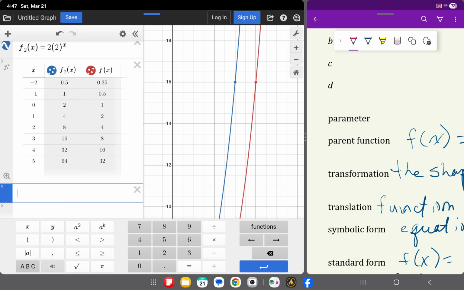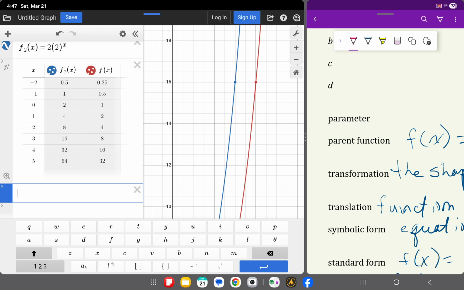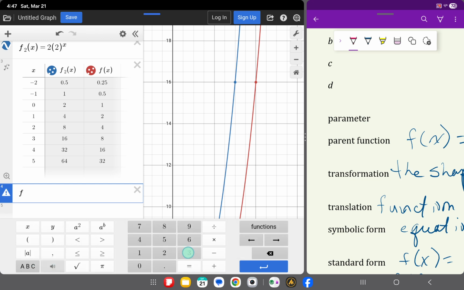And I can also show that if I put in a third function. Let's do f3 of x equals, what happens if I put in like a 5, in parentheses, 2, and I'm going to raise it to the x power.